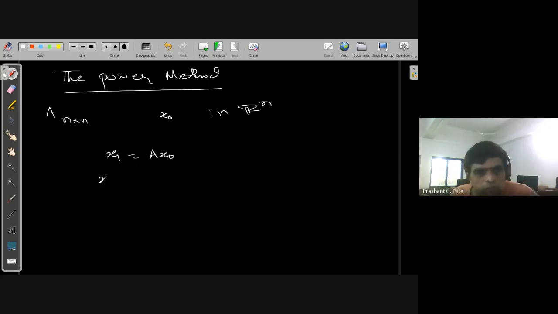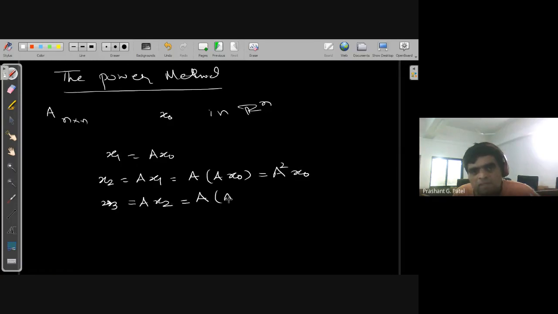We'll get x2, which is A x1, which is A into A of x0, because the value of x1 is A of x0. So this is A square x0. So x3, that is the third approximation, gives me A of x2, that is A into A square of x0. So that gives me A cube x0.